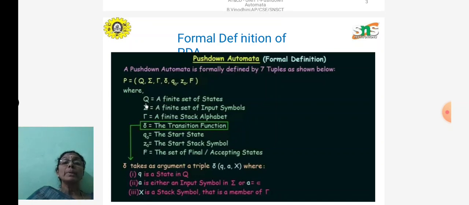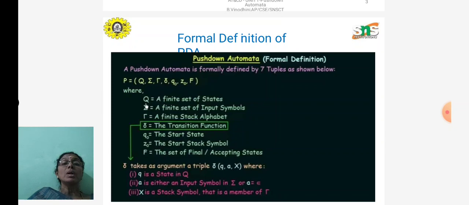Now we will see them one by one. Q is a finite set of states, and sigma is a finite set of input symbols. Next is gamma, an uppercase gamma, which is a finite stack alphabet. Next is the transition function, which differs between the finite state automata and the pushdown automata.